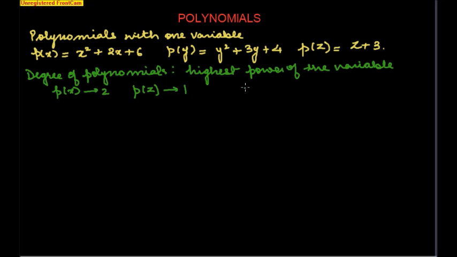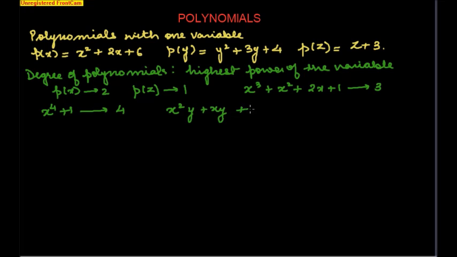Let us take another example, x cube plus x square plus 2x plus 1. The highest power of the variable is 3, so the degree here is 3. If I take x to the power 4 plus 1, degree 4. Now a polynomial can also be of two variables. If I say x square y plus xy plus x plus 3, in this polynomial we have to find the degree.